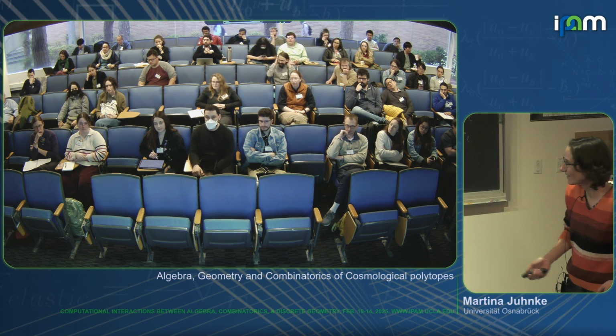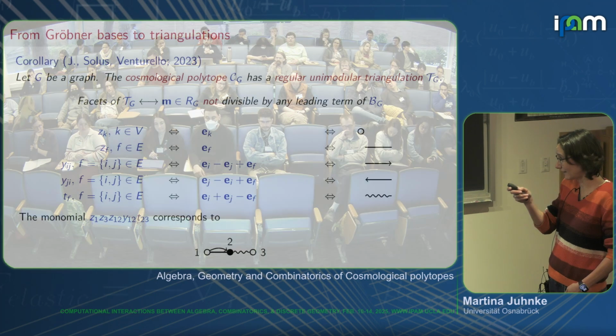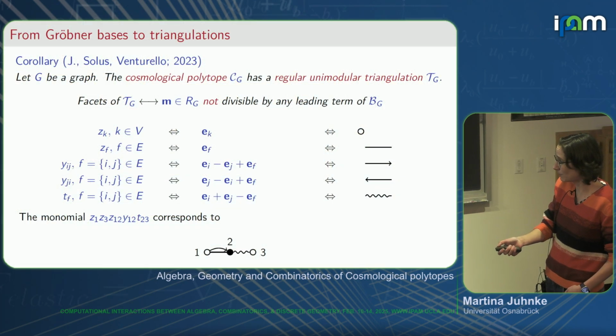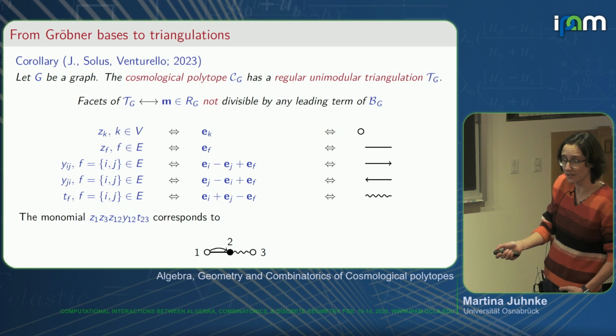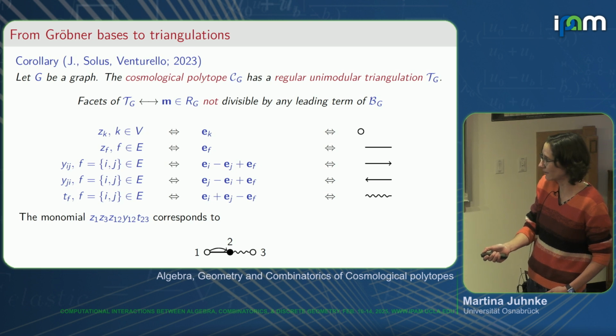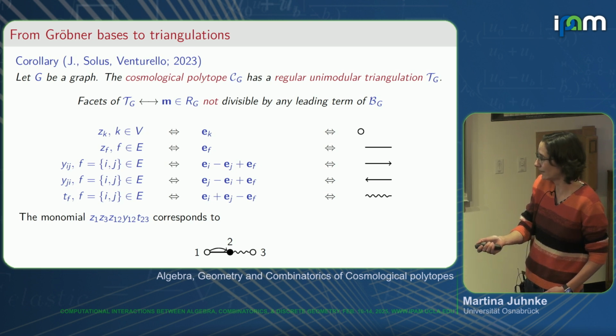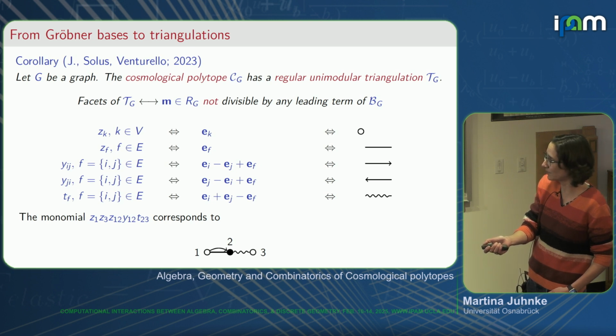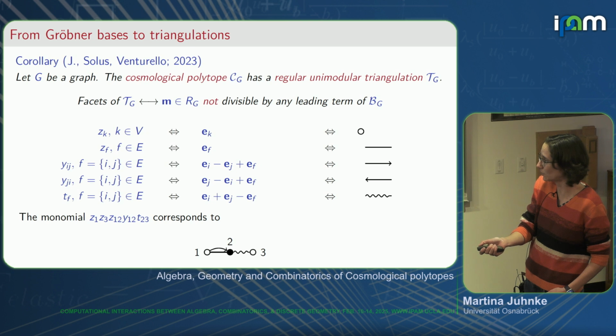Yeah. So for example, if I would like to represent this monomial here, what I am going to do is, I have the variable C1, C3, so I take my vertices 1 and 3 as white vertices. That's the first thing. Then this y1,2 tells me I have the directed edge from 1 to 2.